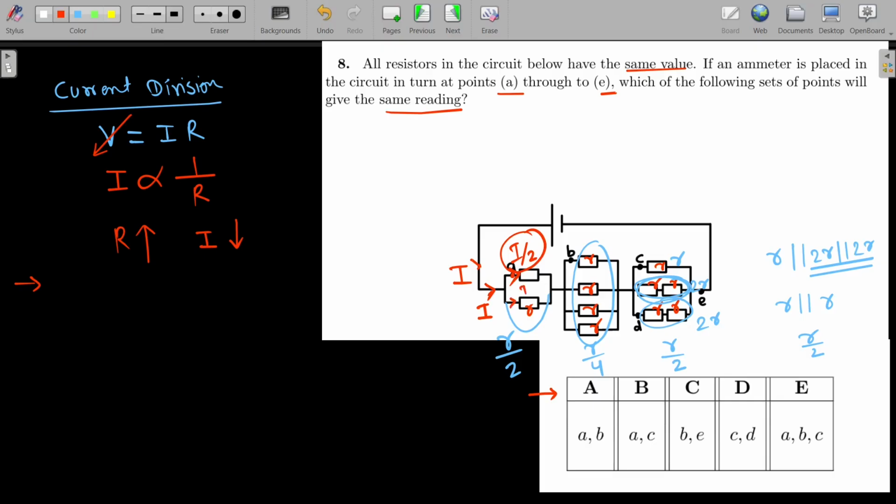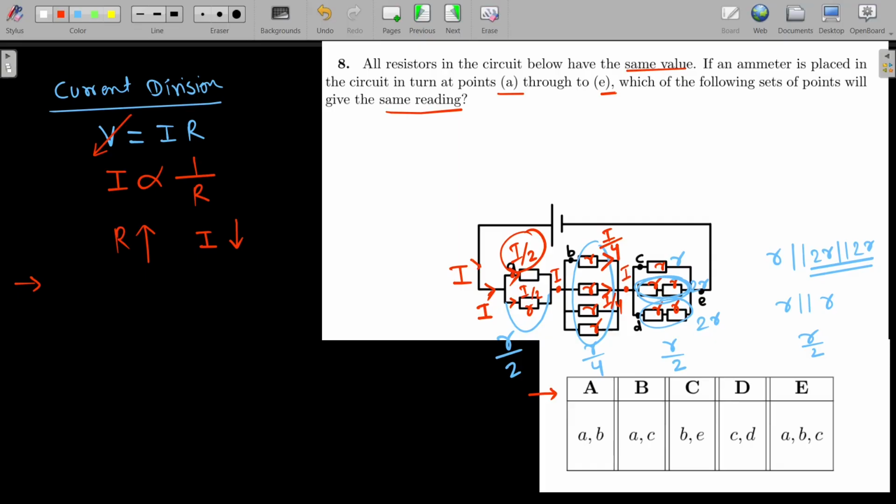And here also it will be I by 2. At this point, they combine again and give us I. Now again they have to be divided, since all the resistors are equal. In each and every branch it will get divided equally, so I by 4 current will pass through each of these parallel parts of the circuit. Again, at this point they will get combined to give I.